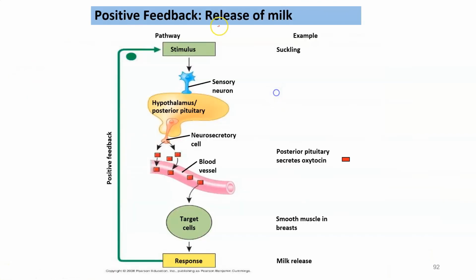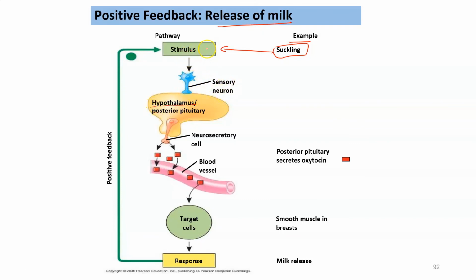Okay, so the release of milk. Okay, so dia punya example is suckling, baby menyusu. Okay, so suckling, so the pathway, suckling is the stimulus. Okay, suckling is the stimulus, and then sends the information to the brain. So the brain involved here is the hypothalamus.